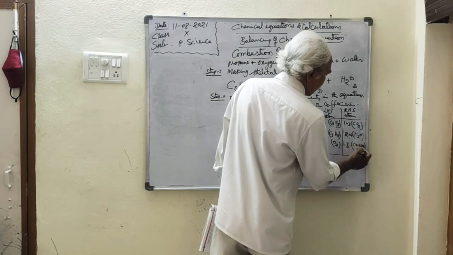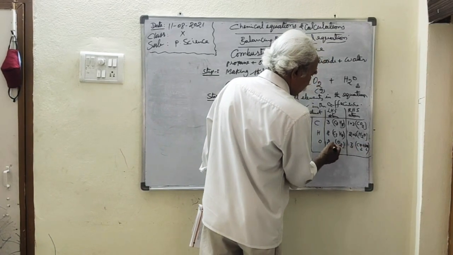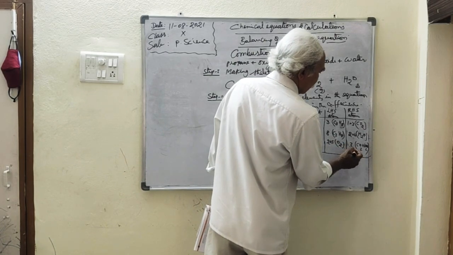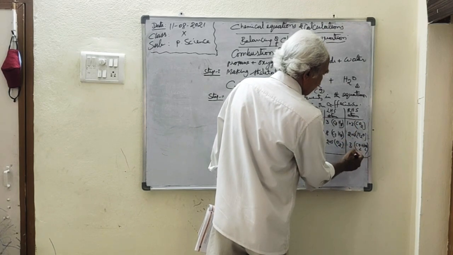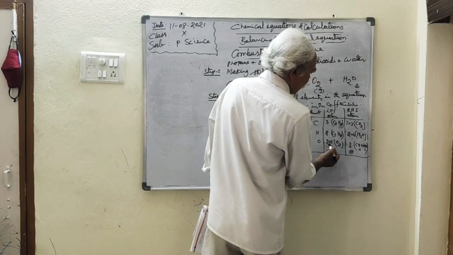Now here is only 2, multiply with 5, 5 2s are 10. To equalize the 10, you should multiply with 5.